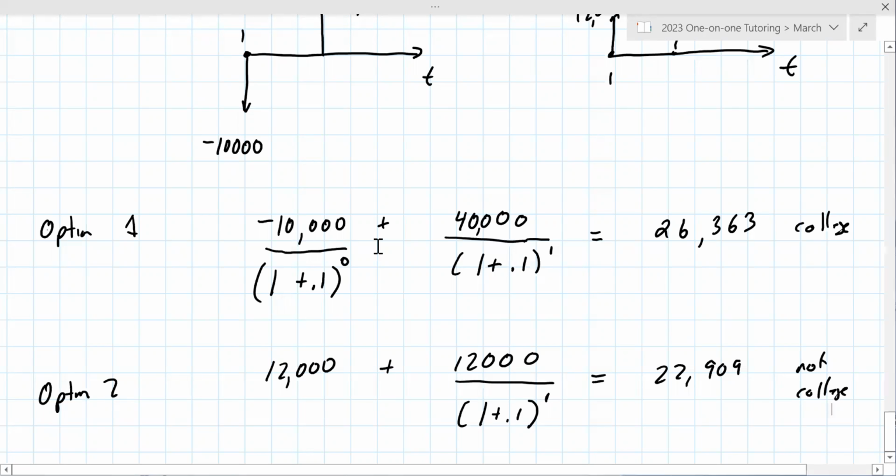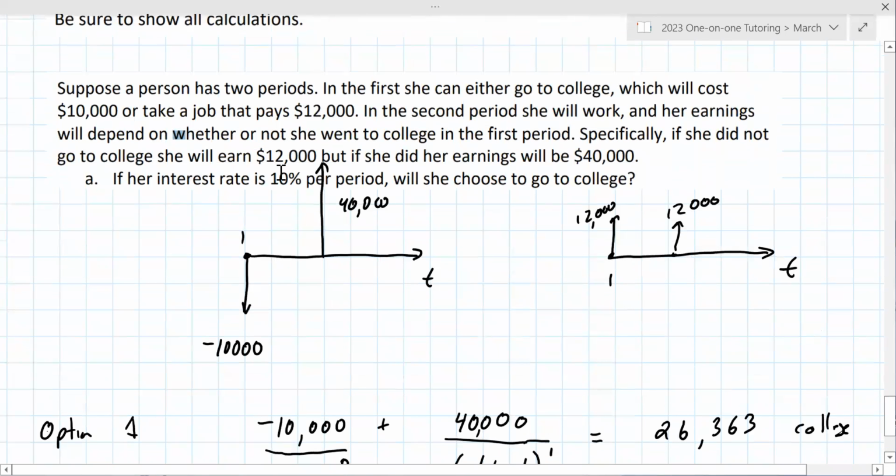She's not paying the 10,000 to go to school; she's receiving this as her income. These problems are always based on what you are either paying or receiving. And where did we get the 0.1? Because the interest rate is 10%. Okay, and that's 22,909. Got it.